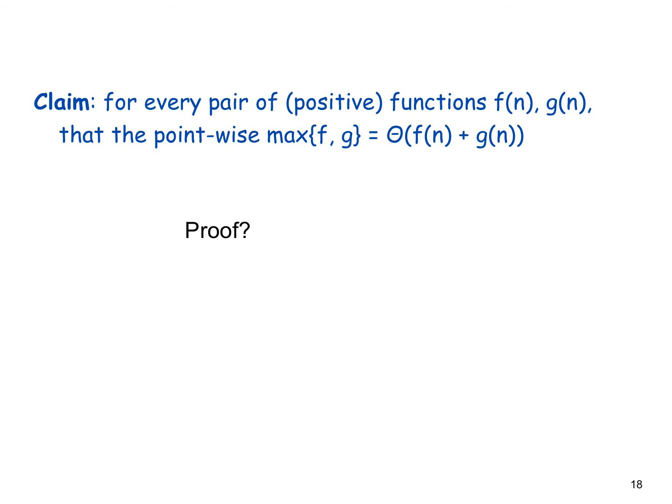And then finally, one last proof. For every pair of positive functions f of n and g of n, we're going to claim that the pointwise maximum of f and g, so that's the set of maximum points taken from the various values of those 2 functions, is big theta of f of n plus g of n.